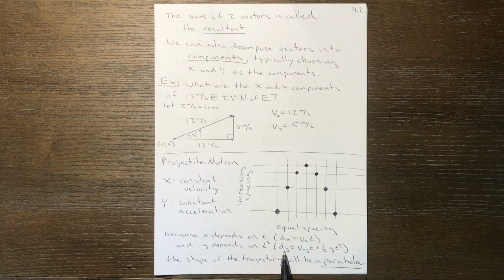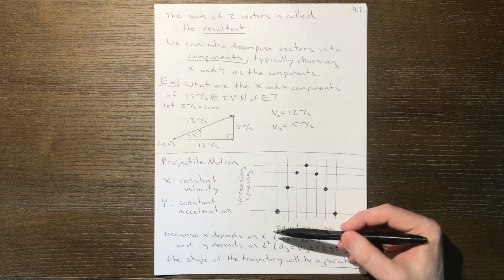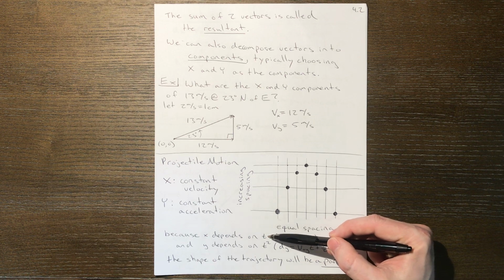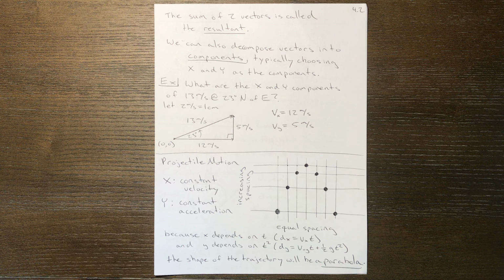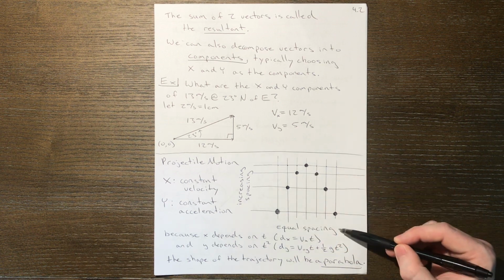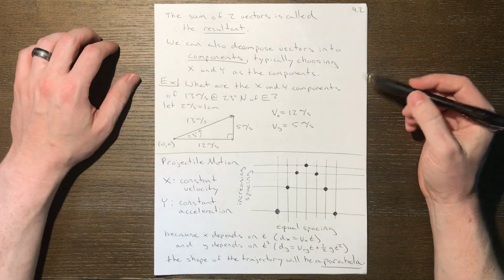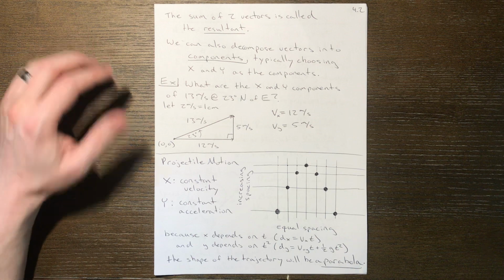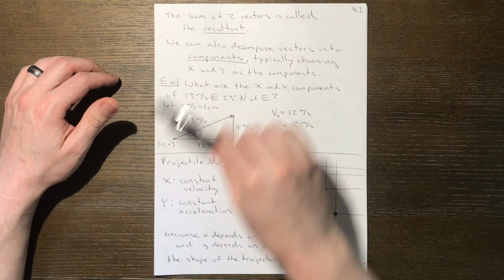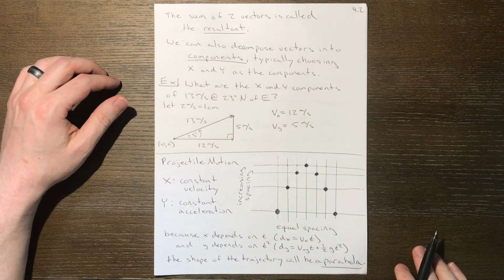Our y displacement is given by v naught y t plus 1/2 g t squared. And when you have one variable dependent on t and one on t squared, that gives you a parabola. So the shape of the trajectory, the path an object takes flying through the sky, is a parabola. Everything that is thrown up into the air forms a parabola.